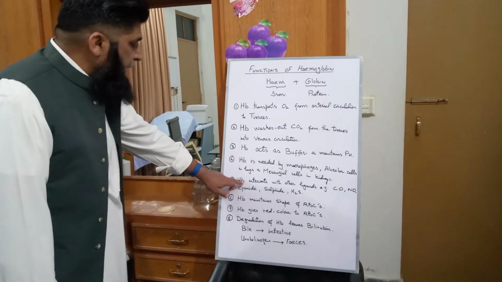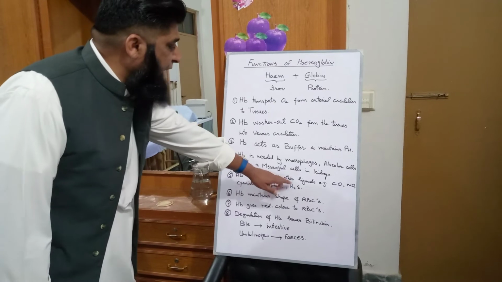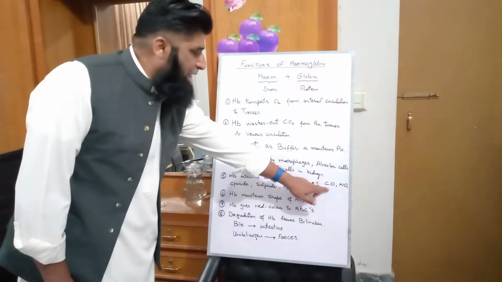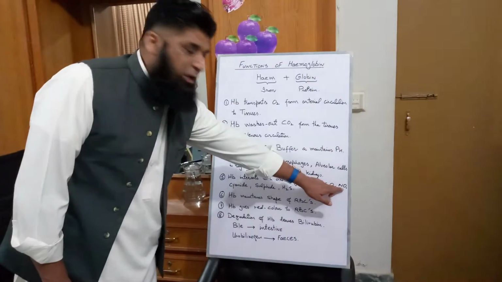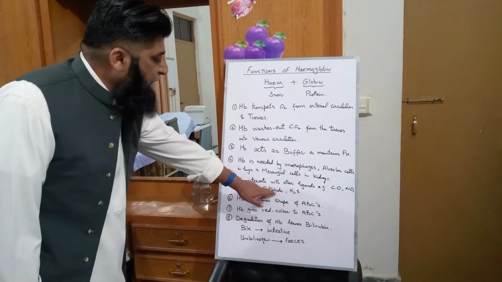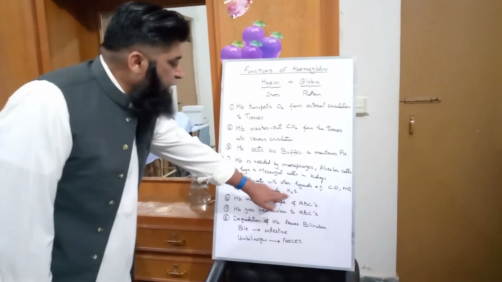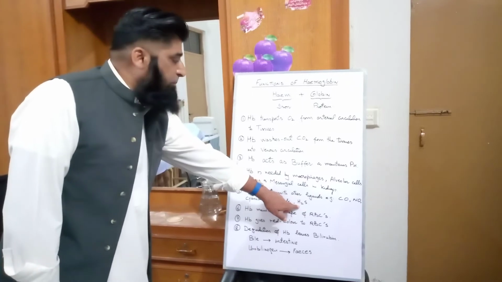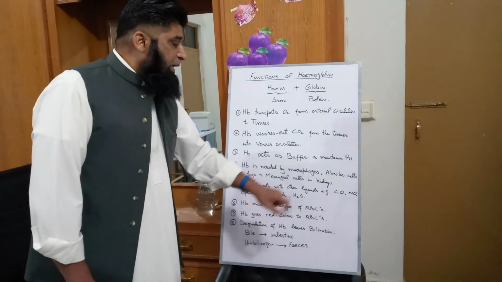Fifth point, hemoglobin interacts with other ligands. For example, carbon monoxide, nitrogen oxide, cyanide, sulfide, hydrogen sulfide. Students, again it's an important point from a clinical aspect.